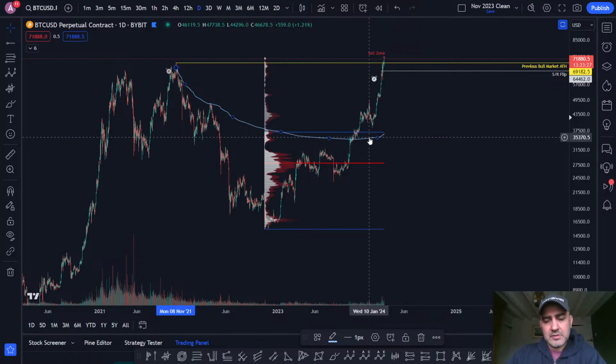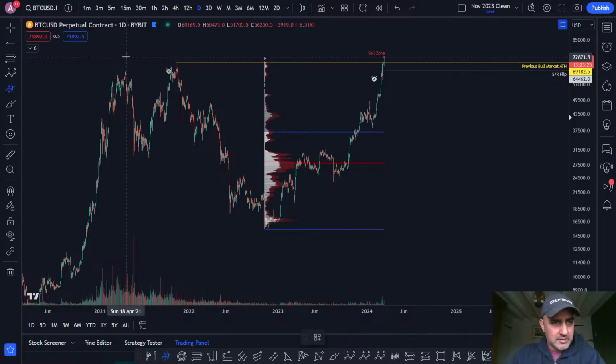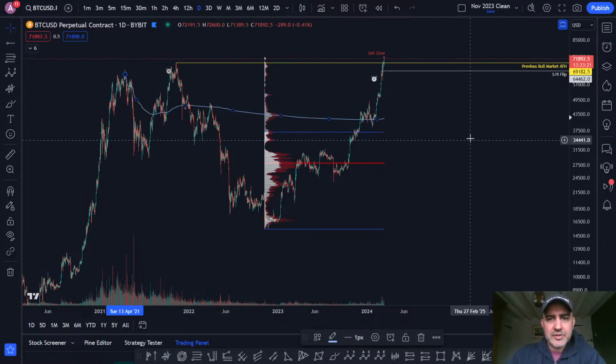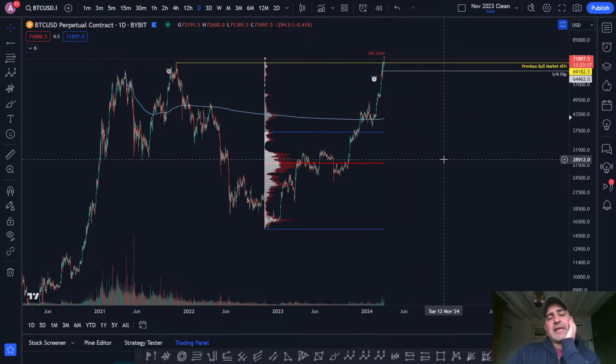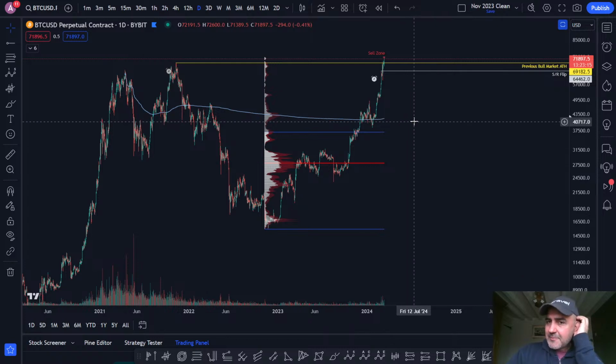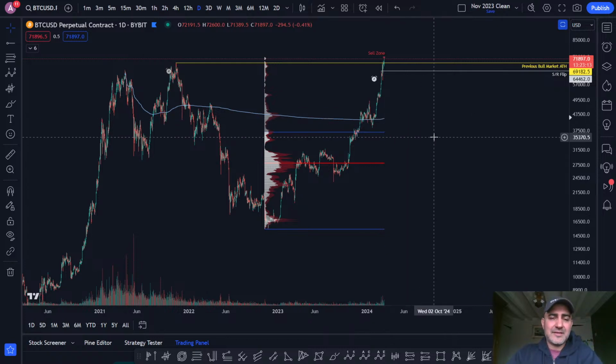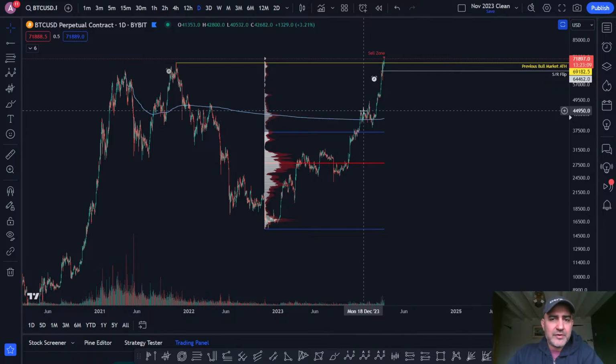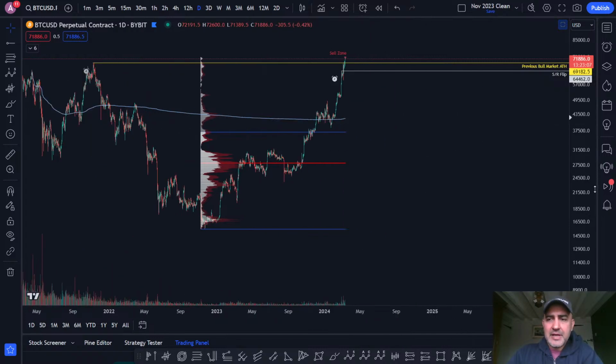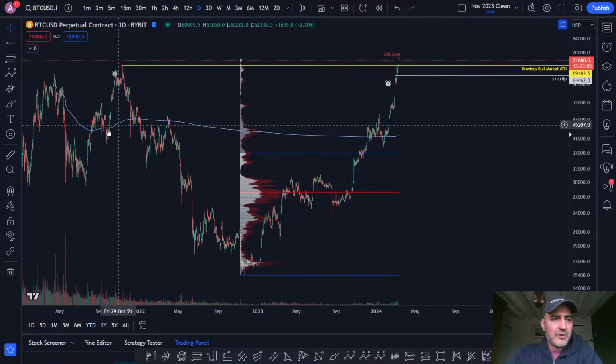Let me do that one. Go there. That's an interesting one. I think that's going to offer support. So maybe that is 40K. Maybe you're onto something, but I can't see it. I think this range will offer crazy support, and this will be a buy opportunity for a lot of people.